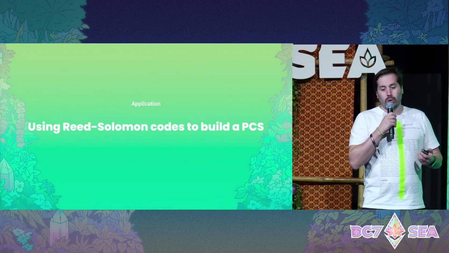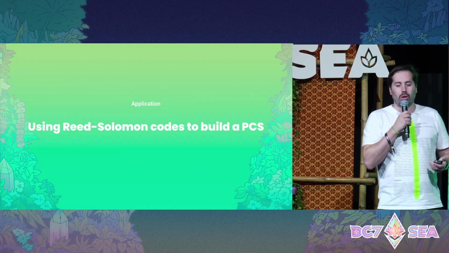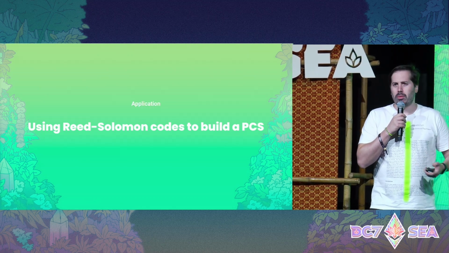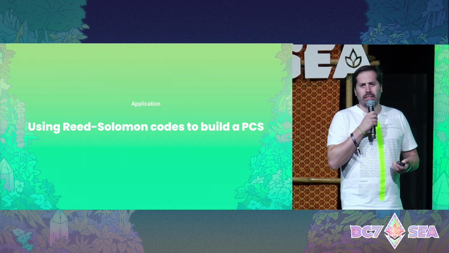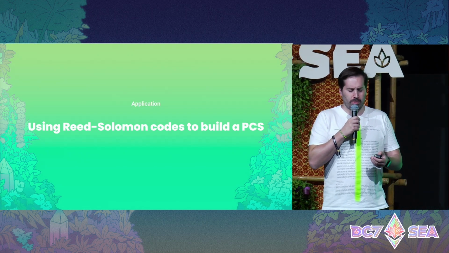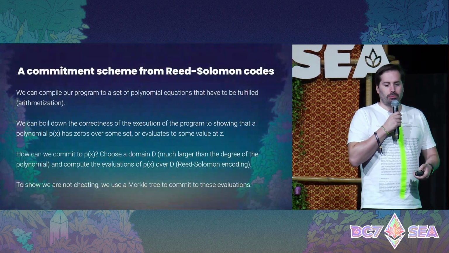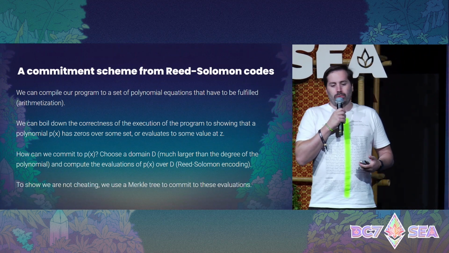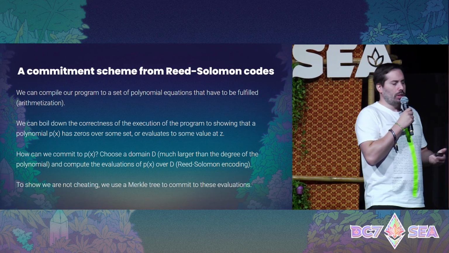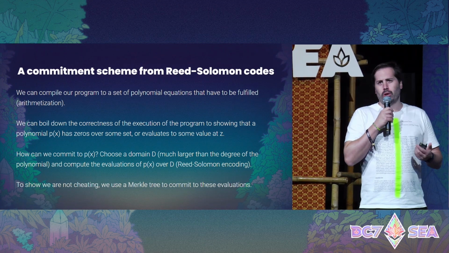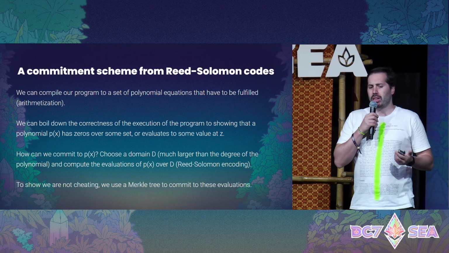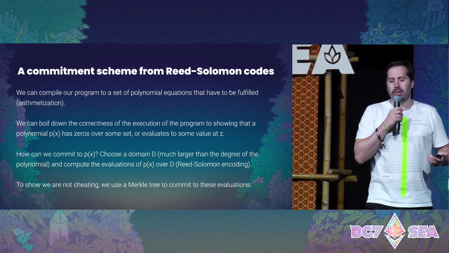So how do we use, for example, Reed-Solomon codes to build a polynomial commitment scheme, which is the main ingredient of many of these proof systems? So the idea is that at some point, what we do is we compile the program we want to prove to a set of polynomial equations that have to be fulfilled, okay?